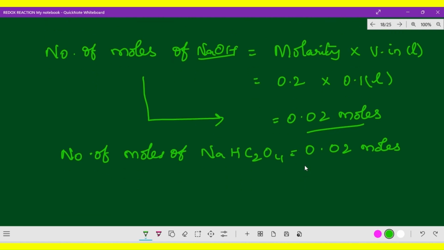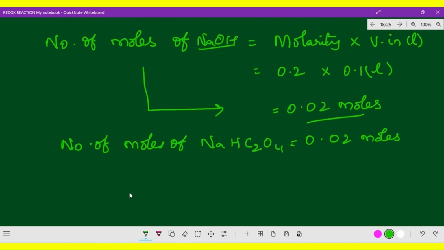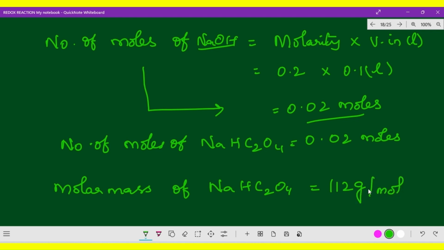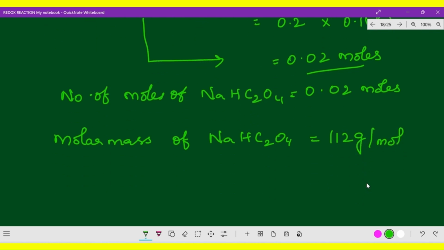Now molar mass we have to identify. Why go for molar mass? Because then we can easily identify the given mass. The molar mass of sodium bioxalate is 112 gram per mole, right? Generally number of moles equals given mass by molecular mass, but now we have to identify the given mass, because A gram and B gram are mentioned.